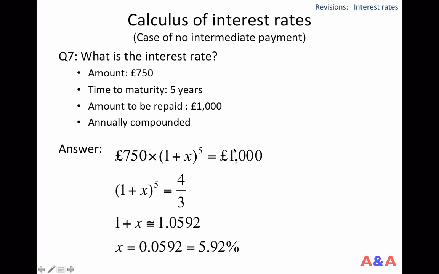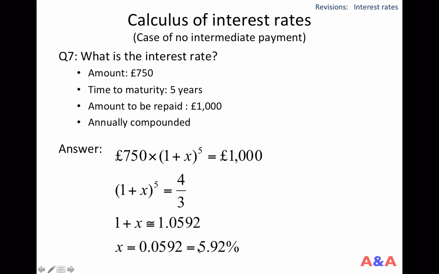If you divide both sides by 750, then 1 plus x to the power 5 is equal to 1000 over 750, equal to 4 over 3. And then you take the fifth root of both sides. So probably you need a functional calculator or Excel for this. 1 plus x is equal to the fifth root of 4 over 3, which is approximately equal to 1.0592.